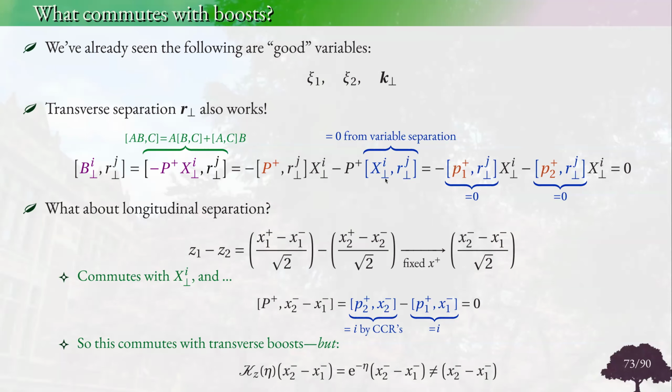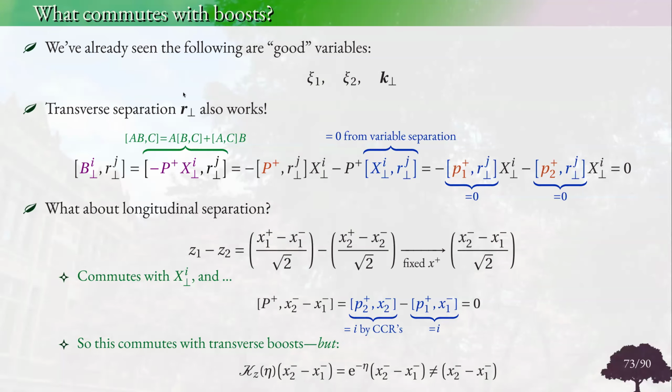One of these terms is 0 already just from variable separation. Your big P plus you can break down into P1 plus and P2 plus. But basically, because these are different directions, your P1 plus commutes with your R perp. So does your P2 plus. So these commute.